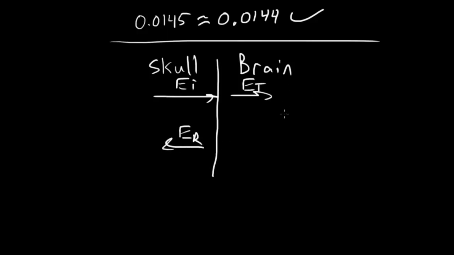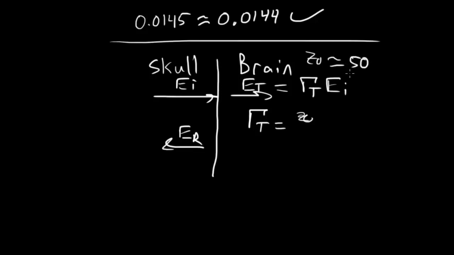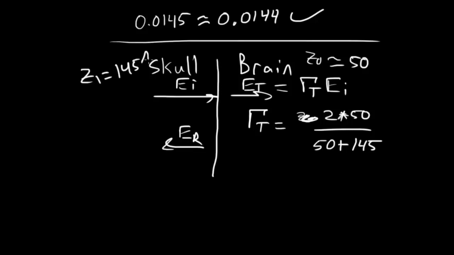The transmitted portion is going to be, again, the transmission coefficient times E sub I, and the transmission coefficient is 2, the Z naught is about 50. So the transmission coefficient is 2 times 50 over 50 plus 145, where Z1 is equal to 145 ohms. Okay, that comes out to be 0.51.